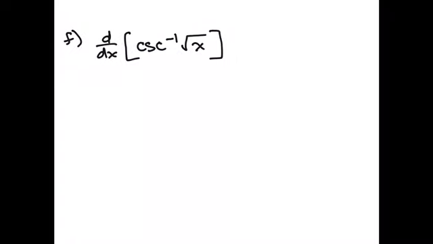Okay, the derivative of inverse cosecant, where our u is the square root of x. Well, we did one with arc sine earlier, so I know that my u prime here is 1 over 2 times the square root of x.